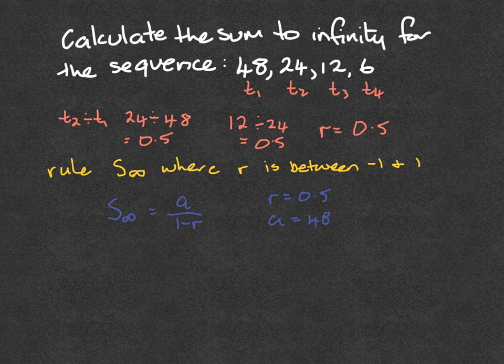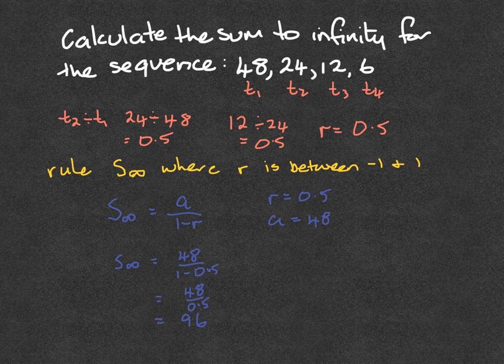So if we substitute this in, the sum to infinity is equal to 48 over 1 minus 0.5, which is the same as 48 over 0.5, and that gives us 96.